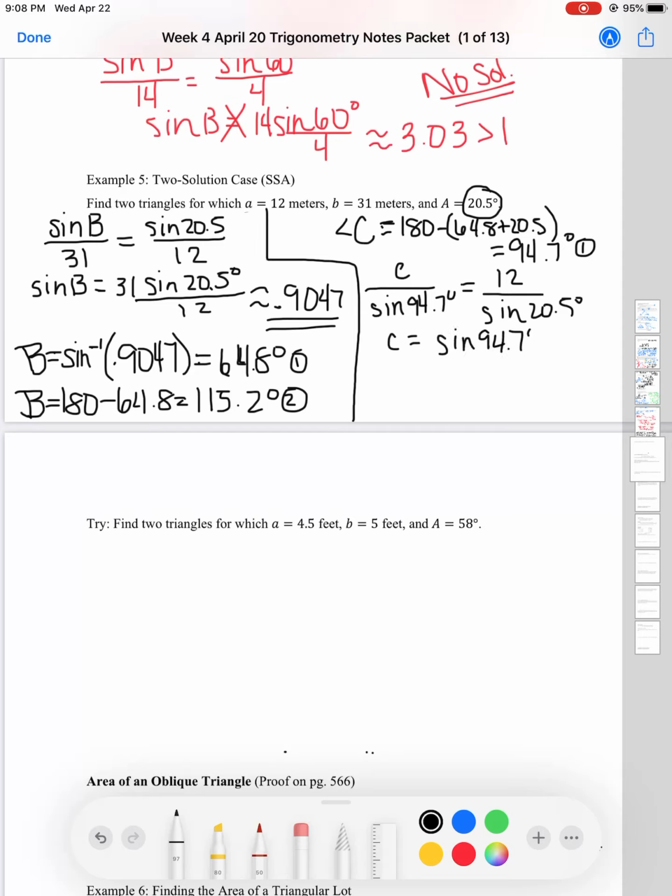So c equals sine 94.7 degrees times 12 over sine of 20.5 degrees. So this first c would be 34.15 meters.